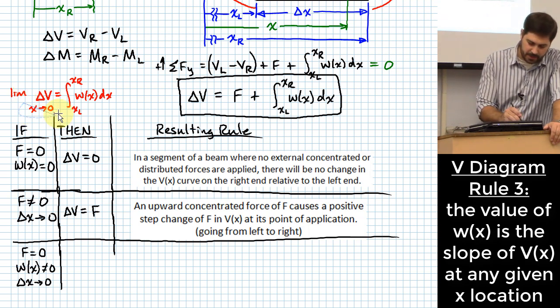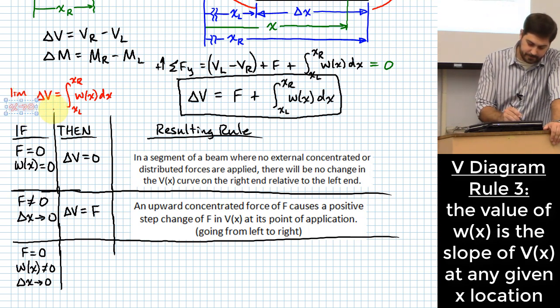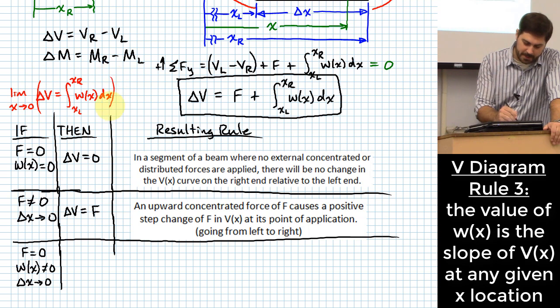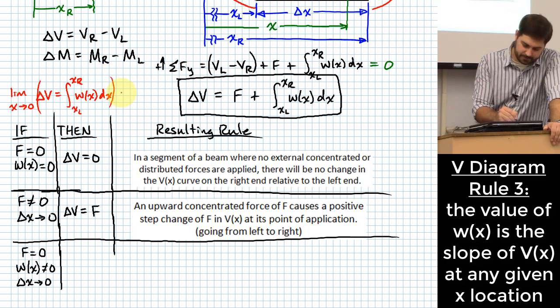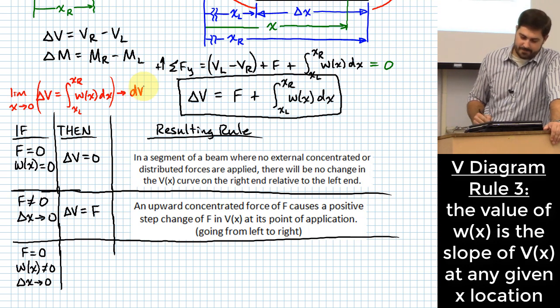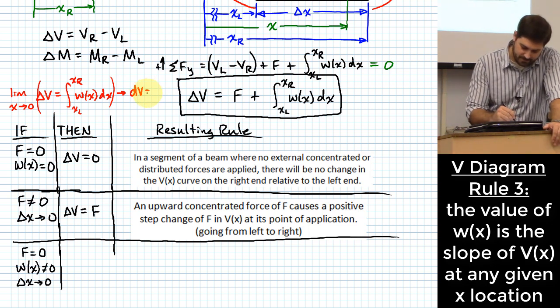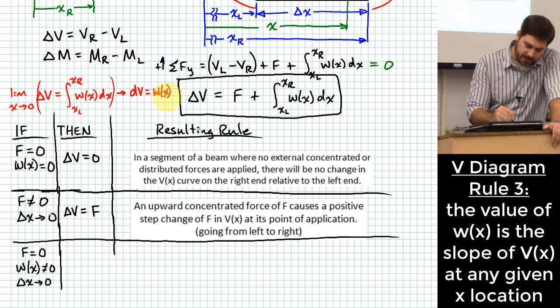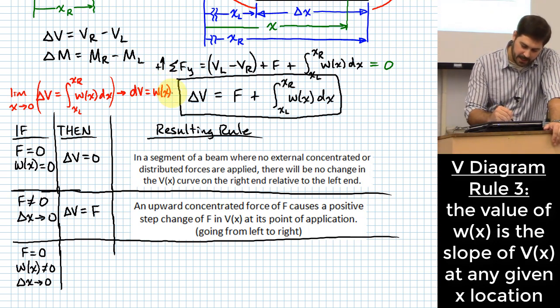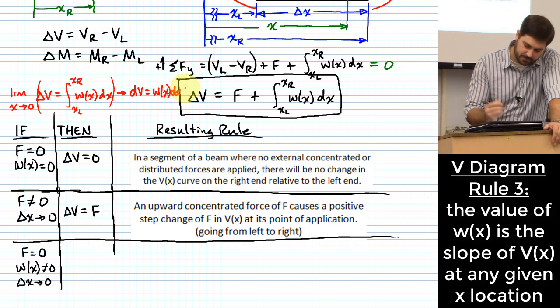Should put this over here, shouldn't I? What happens here? Okay. This becomes dv, right? And what happens with that function and the integral and all that? Okay, the w of x basically can be pulled out like a constant, and you just have dx.